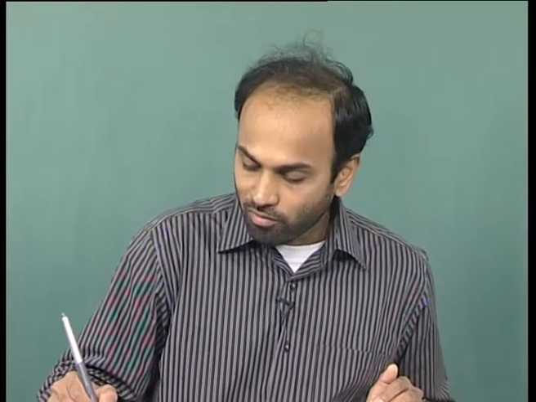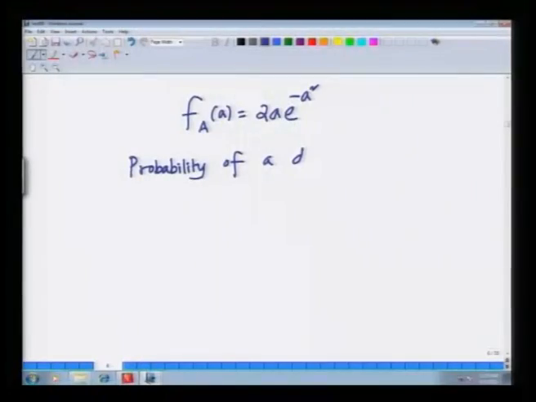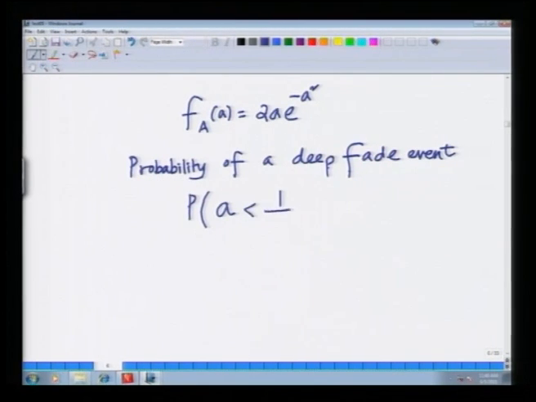So, the probability of a deep fade event is nothing but the probability that A, this is the fading coefficient as we have seen earlier, is less than 1 over square root of SNR.